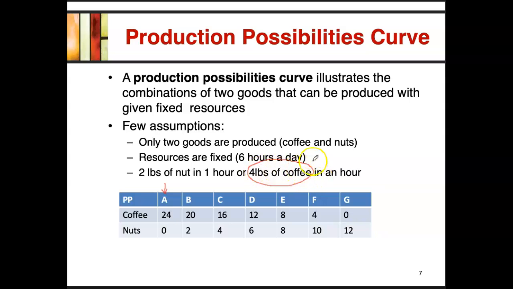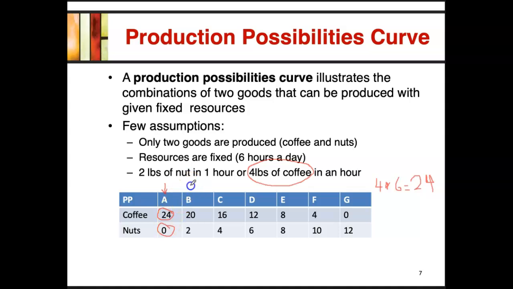So using 6 hours a day to produce only coffee is going to give us 4 times 6, which equals 24. So if she uses the whole day, or the fixed resources, which is 6 hours a day, to produce just coffee, she'll produce 24 pounds of coffee, and she'll produce no nuts.